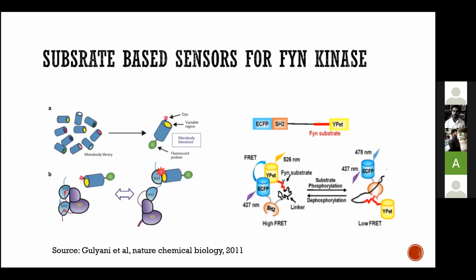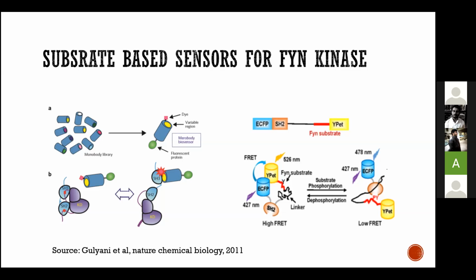It has a very hodgepodge kind of design, but this was the preliminary thing, and the rest of the biosensors were made on this. On the right, you can see that when the SH2 substrate gets phosphorylated, even if you use a laser to activate it at 427 nanometer, it shows an emission at 478 nanometer, not the 526 nanometer, which was the emission for YPET.